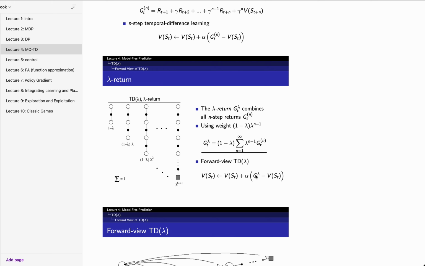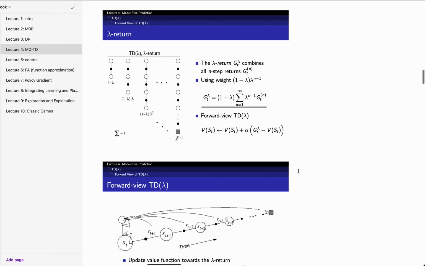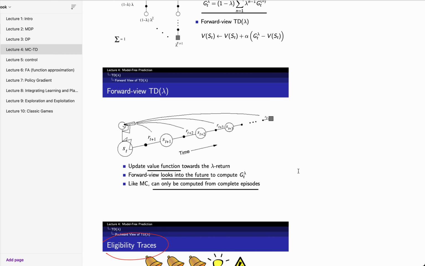I'm replacing the goal GT here with GT lambda, which equals the sum of GT(n), where n is the number of steps I'm going to look forward, times a weighting factor. So forward view TD lambda would be to update the value function towards the lambda return.